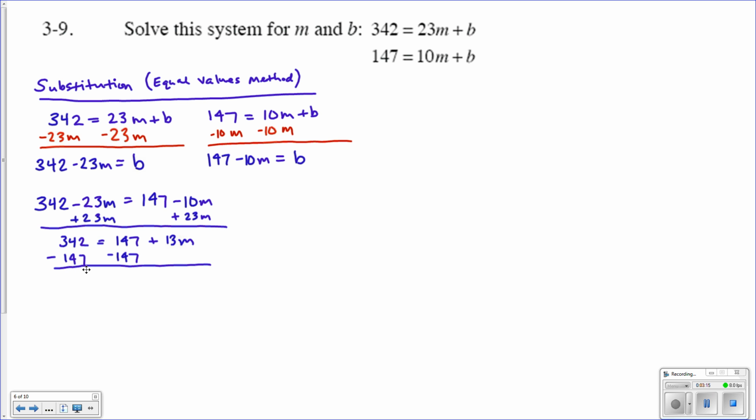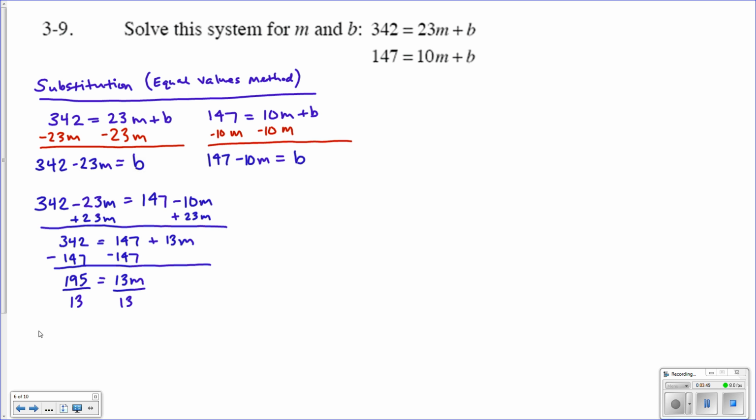So 342 minus 147 should give us about, let's see, I think 195. Hopefully that's right. I don't want to make a mistake. I'm on video, right? So we have 195 equals 13m, which means if we finish solving for m here, divide each side by 13.